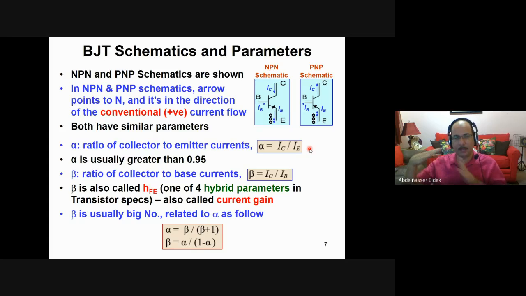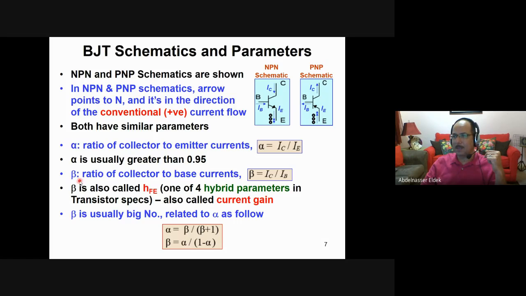IC and IB add together to give you IE, so IE is bigger. But IC and IE are almost the same, so alpha is very close to 1 but less than 1, let us say 0.99 or 0.98. The value for alpha is usually more than 0.95.